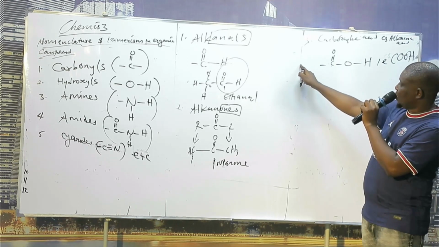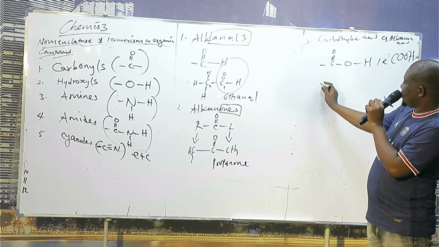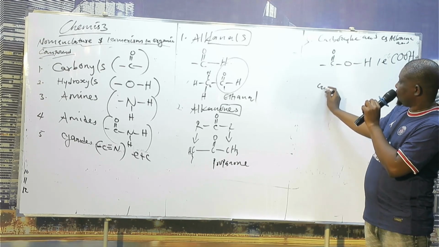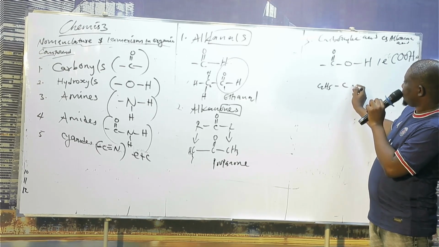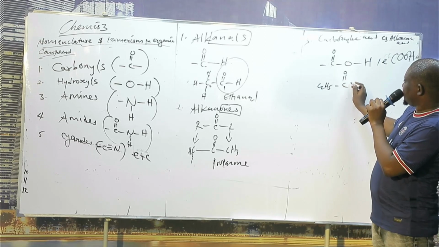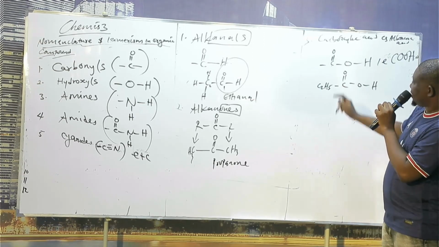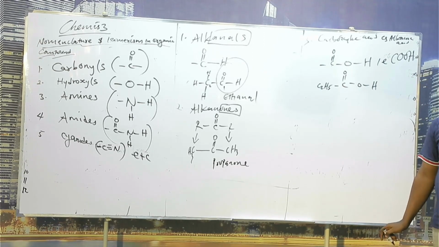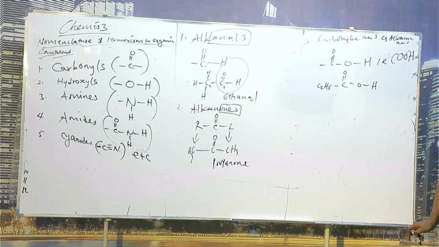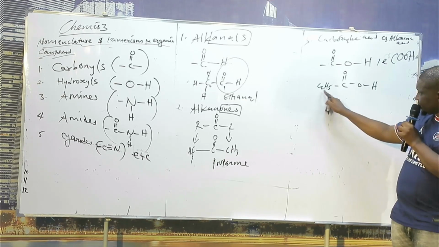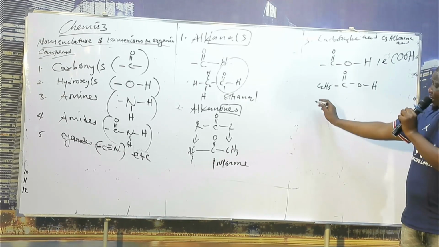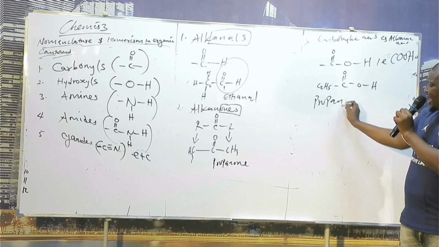Example, if this place is open to, let's say, C2H5, then this, and this. Which name is given to this carboxylic acid? How many carbon atoms are there? 1, 2, 3. So whenever you see 3, it is prop.